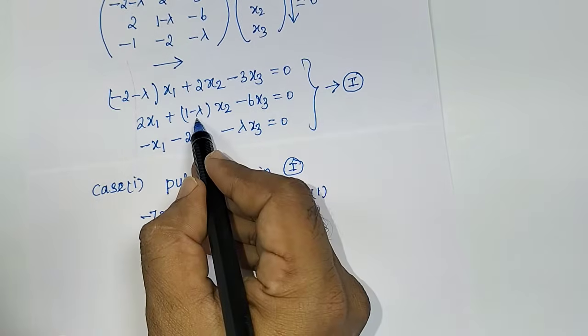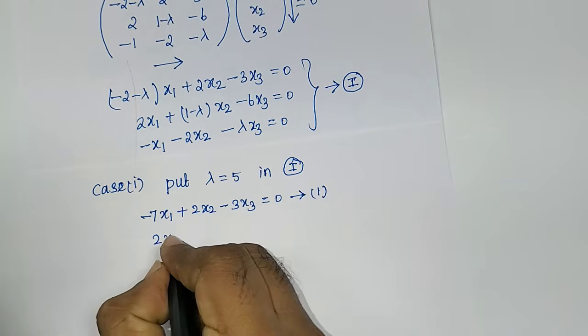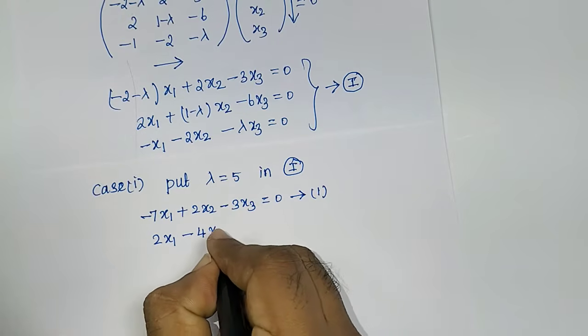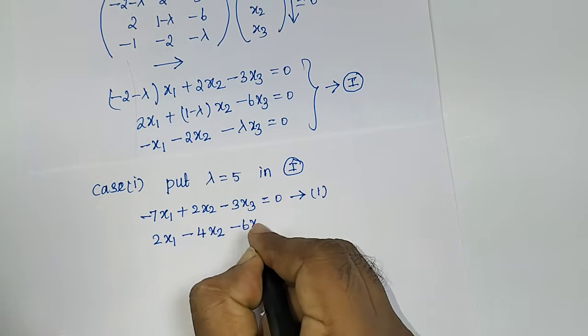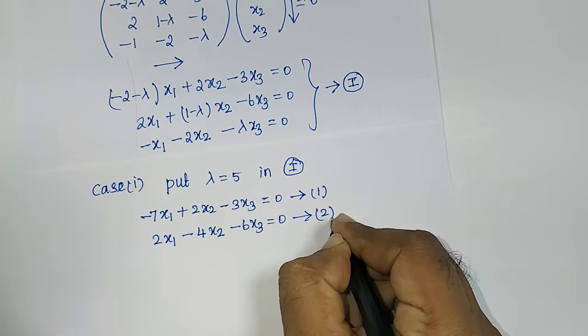In the second equation I substitute lambda is equal to 5: 2 x1, 1 minus 5, minus 4 x2, minus 6 x3 is equal to 0, which is equation number 2.